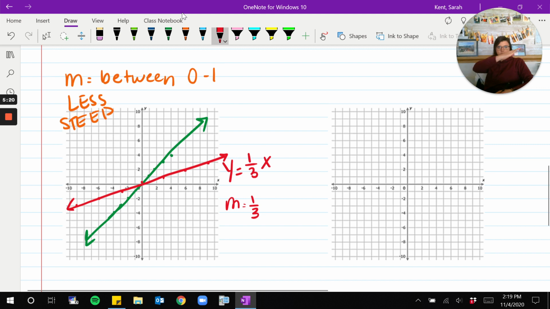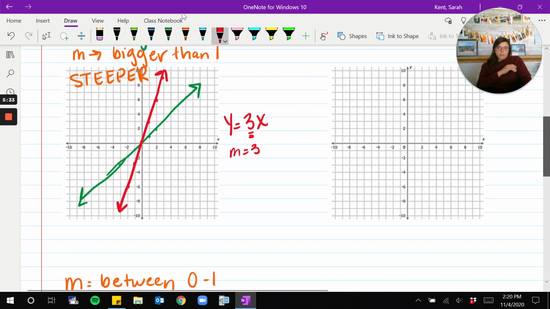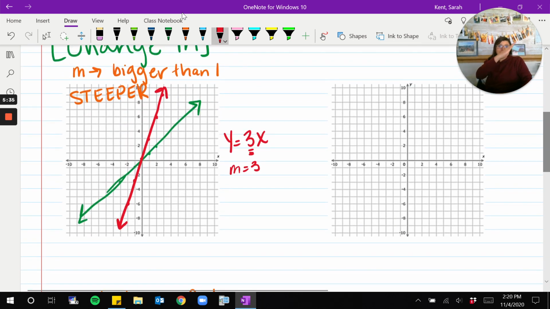It's gone a little tilt down. So for our slope, our two options are either going to be it's less steep or it's getting steeper, more steep. So that's the change in our slope. It either tilts up or tilts flat.